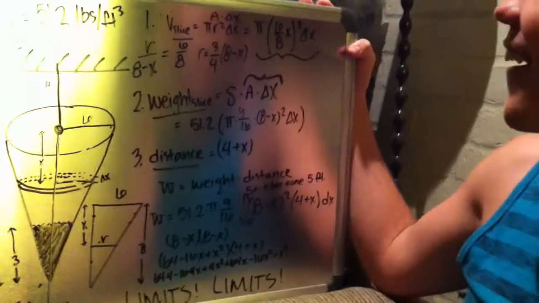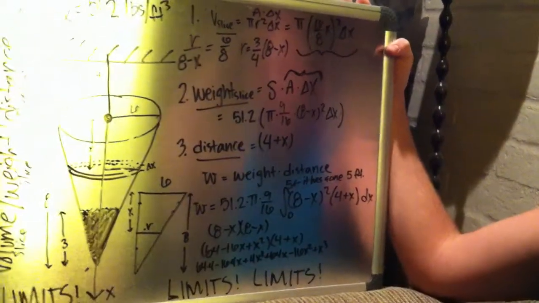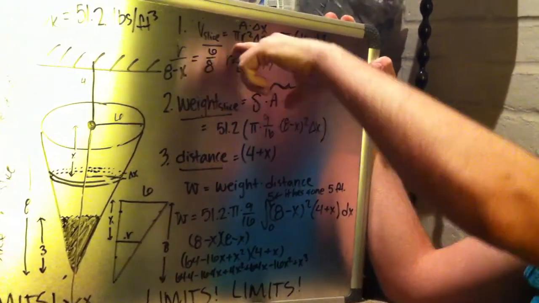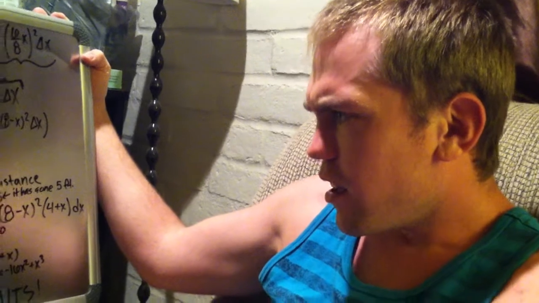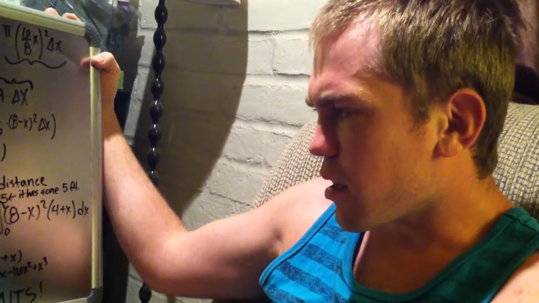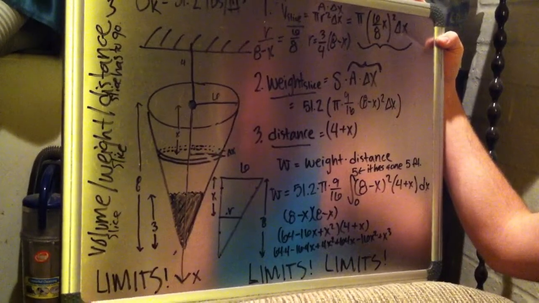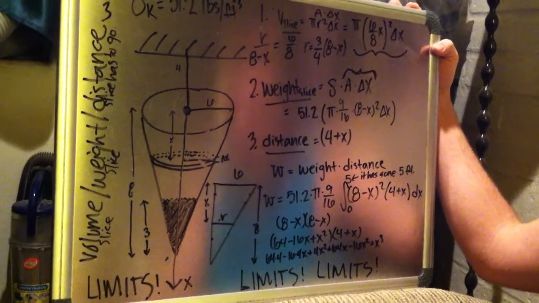Okay, so let's go back up here. Okay, so we have pi times the radius squared times the change in x. So what's the change in x here? The change in x is probably 5.